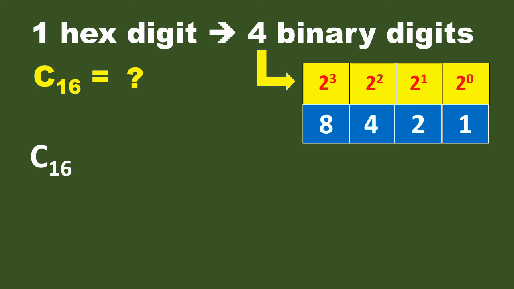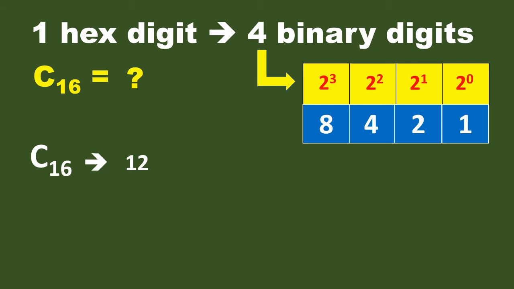C in hexadecimal, we know that in decimal, in our number system, this is 12. This is how 12 is written in base 16. So we write it C. Now, how is this 12 generated?